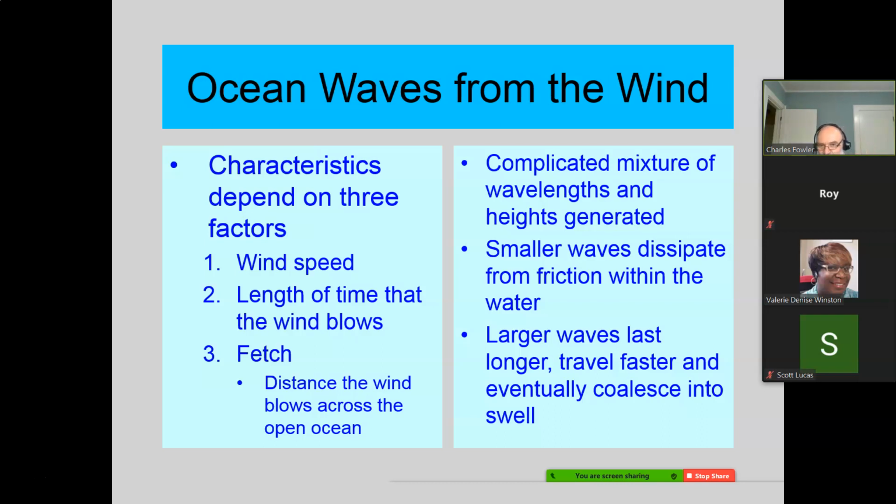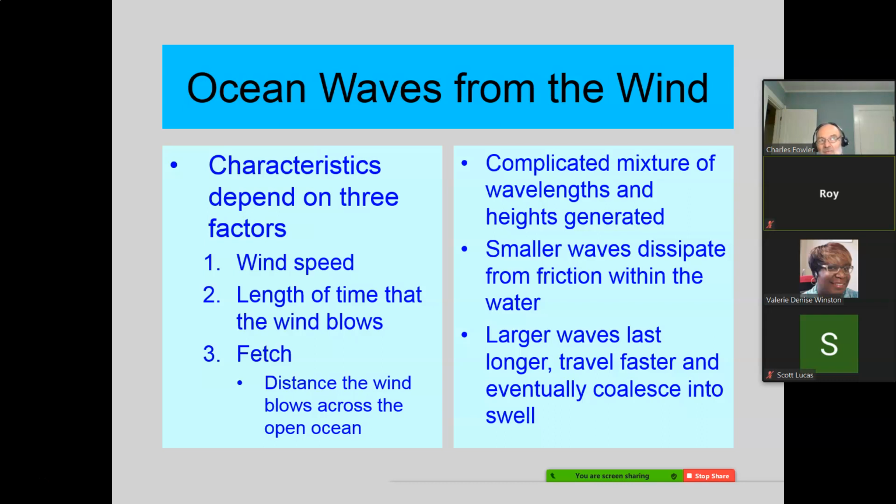Same word, but it's the distance that the wind blows across the open ocean. Now think about the Pacific. The Pacific is a lot of ocean out there, and if that wind has been blowing over a long fetch, a long period, with the wind going in the same direction, then that's going to contribute to wavelength and probably wave height.